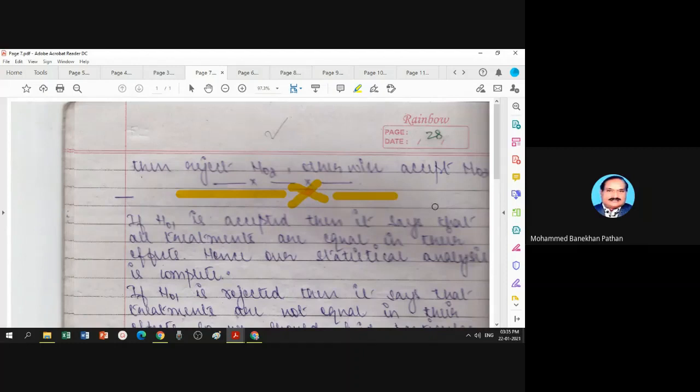ANOVA in RBD. Totally how many steps? Totally 7 steps your answer should contain.